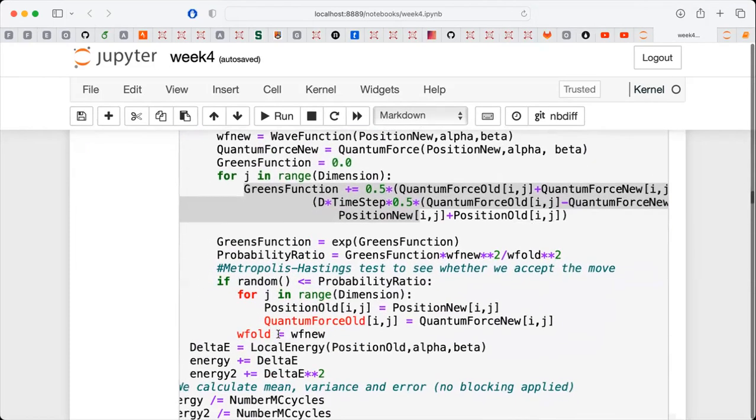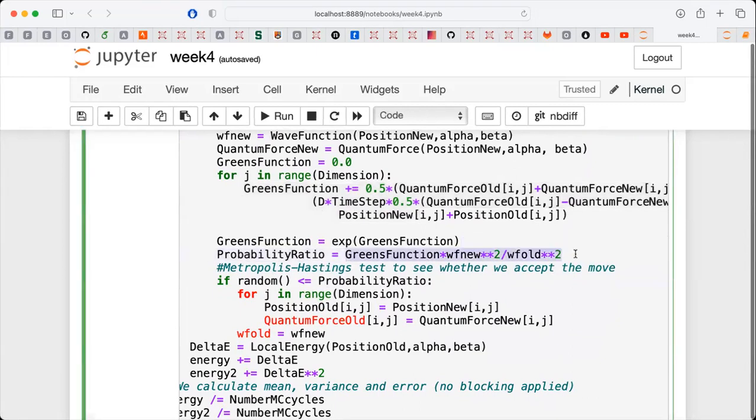And here I perform my Metropolis-Hastings algorithm. So if the random number is less or equal to this probability ratio, which is the wave function new squared over wave function old squared, times this Green's function. So the Green's function is now the one which represents my importance sampling.